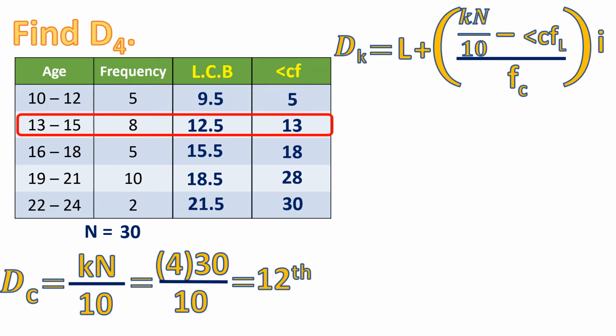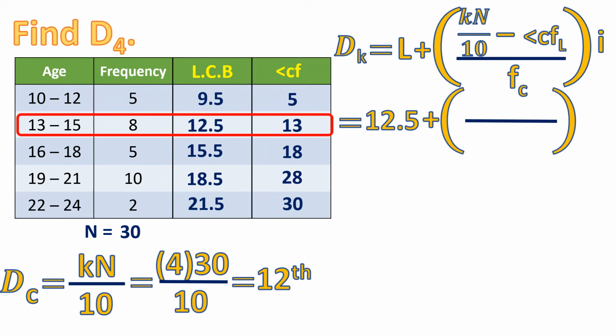So we're going to use that row to substitute in the given formula. So lower class boundary is 12.5 plus the kn over 10, the decile class is 12, minus the lower less than CF, which is 5, over the frequency of the decile class, which is 8, times the class size, which is 3.